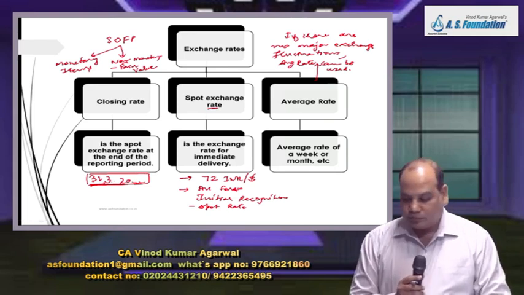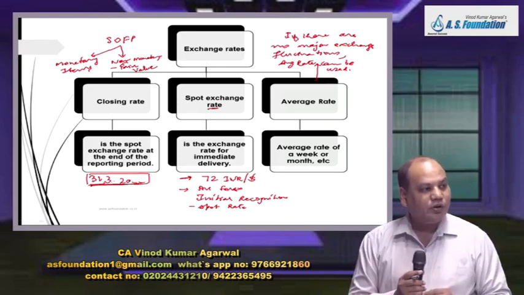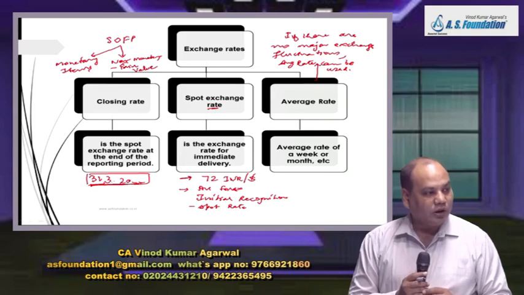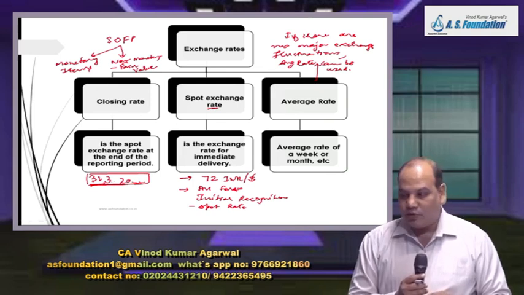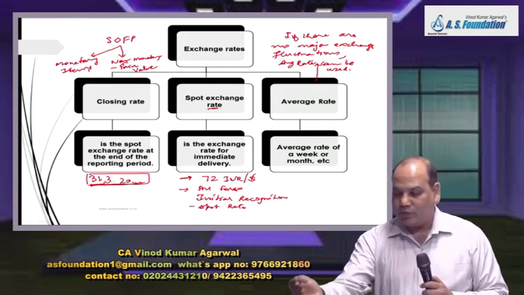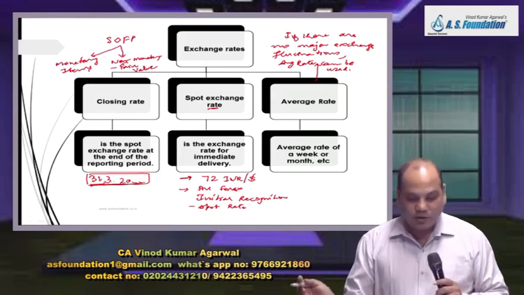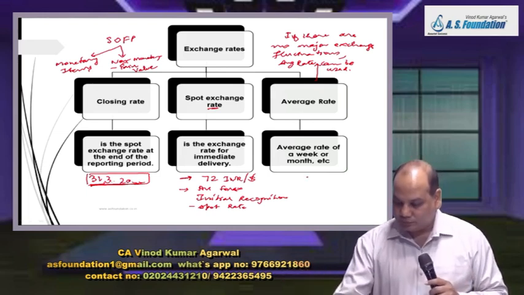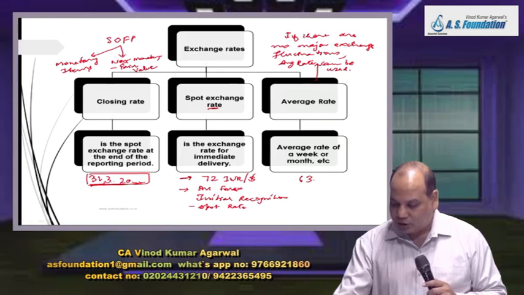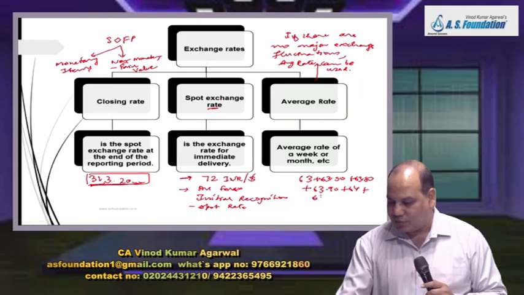Is it right? Subject to the average not being volatile. Now, they have not given any particular range about volatility. It is your judgment. So you can take the rates 63, 63.50, 63.80, 63.90, 64, 63.80, and then divide by, say for example, 6.